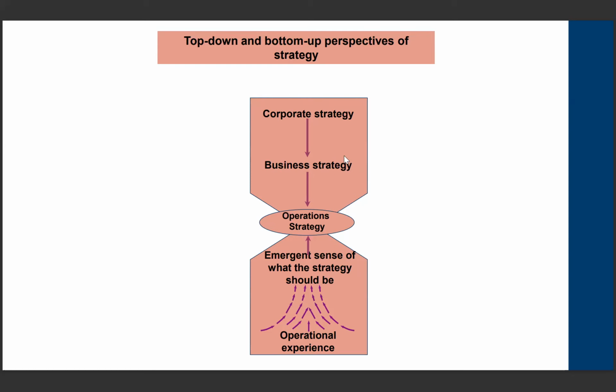Again, if we take the example of Yamaha as a corporation, Yamaha can also have several types of businesses such as motorbikes and music, and several other businesses. So according to the type of business, we can't sell music units in the same way that we sell motorbikes.